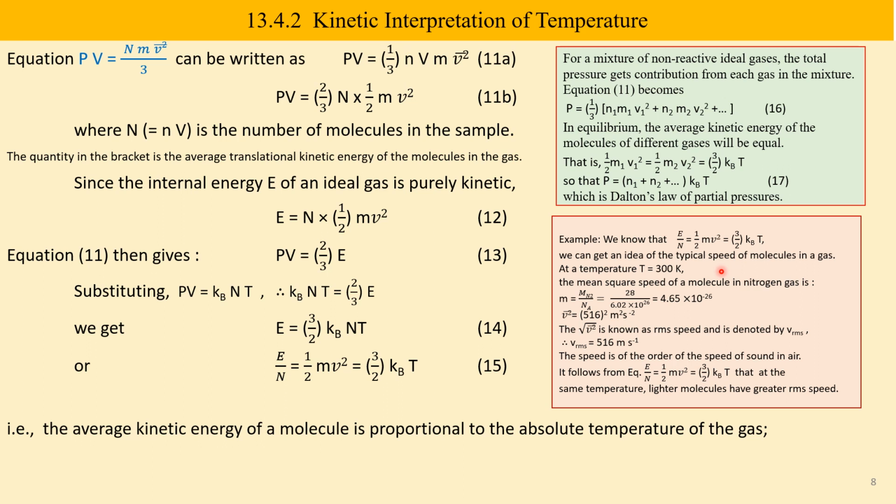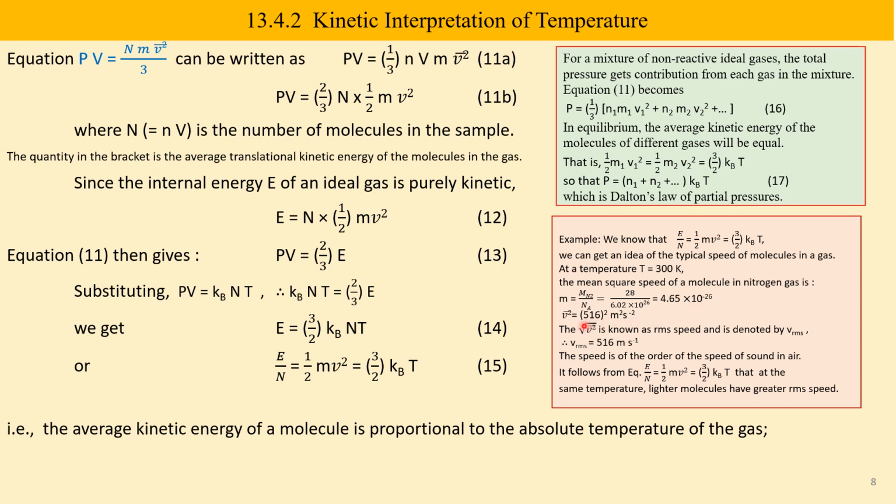T as 300 Kelvin. The mean square speed of a molecule in nitrogen gas is small m, that is m of N2 divided by N of argon. That is equal to 28 by 6.02 into 10 to the power of 26. That is equal to 4.65 into 10 to the power of minus 26.